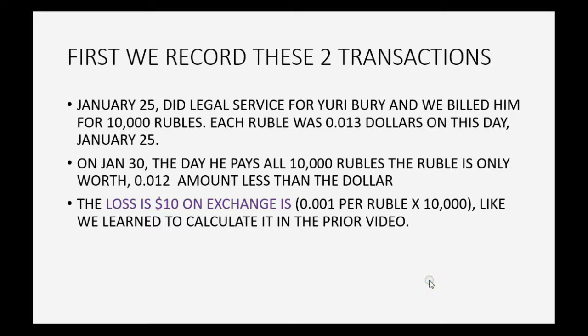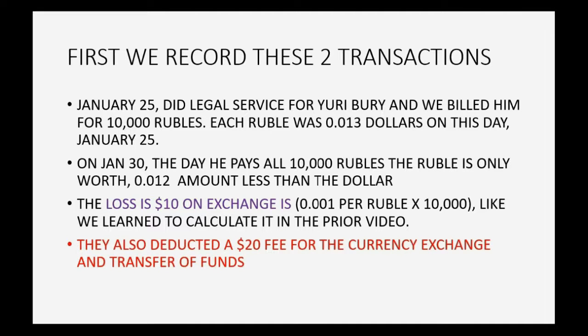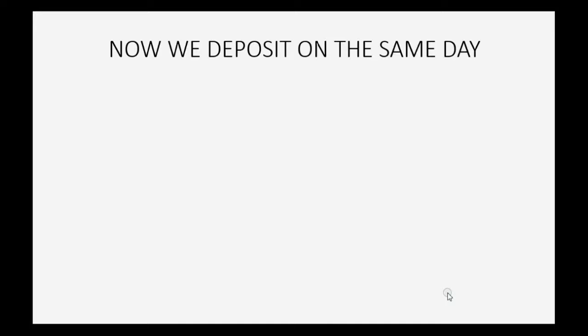And now that we've recorded that, the very last step is to deduct out the fee and acknowledge that it actually went into the bank account. Now we're recording this deposit on the same date as the received payment, so the exchange rate will be the same.